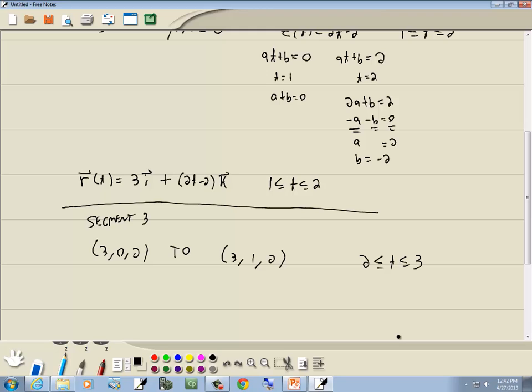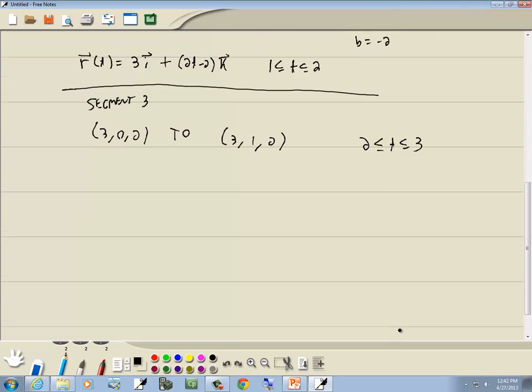So we'll go from t equals 2 to t equals 3. Okay. Begin with, we need our x, which x's are the same, aren't they? So that just stays 3. We need our y, and we'll come back to that. And we need our z. Well, z stays at 2, so that's 2.